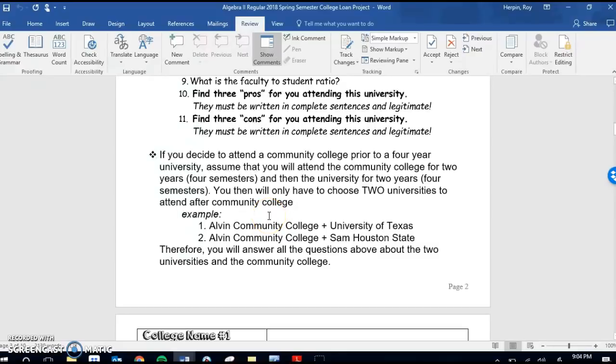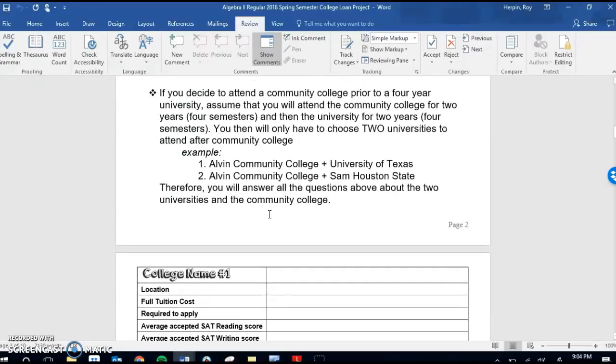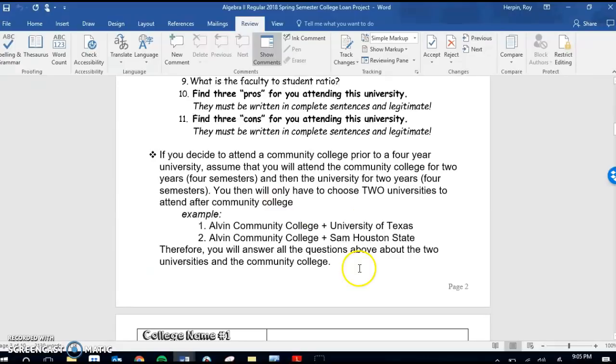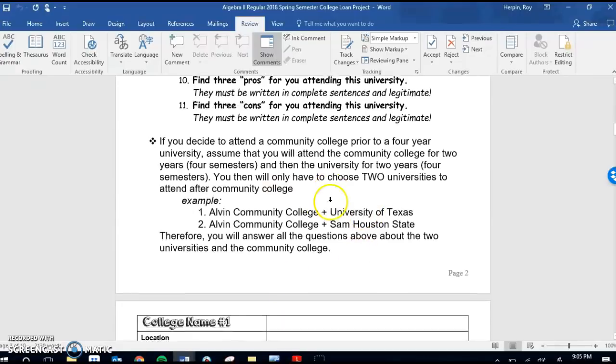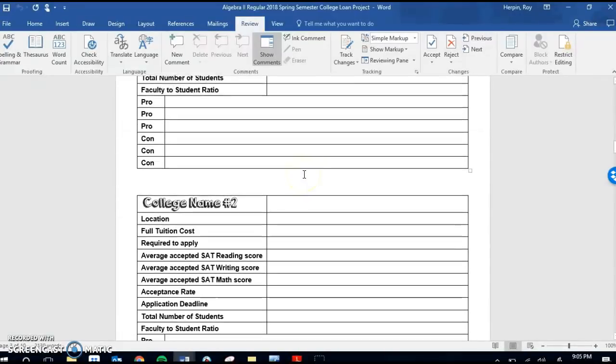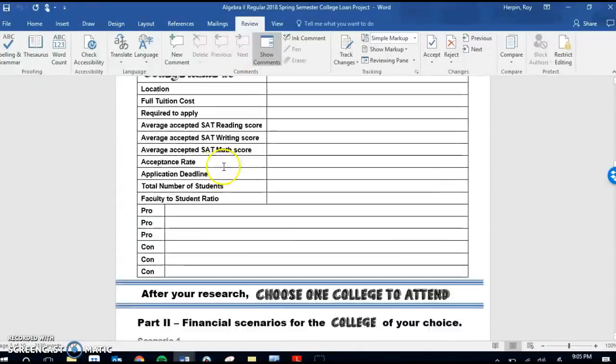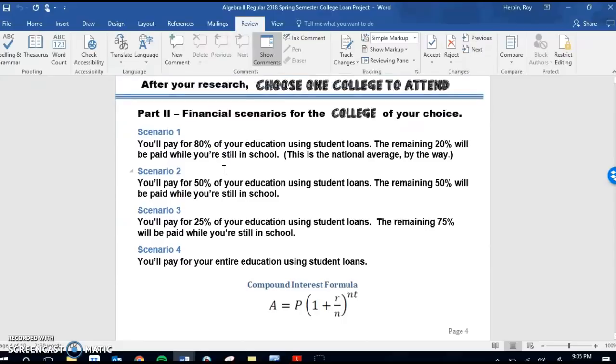That way you can do your community college information and then a university that you're going to transfer to. But in doing that, you still have to answer all those questions above, these ones right here, for the community college and both of the universities. I have this sheet for you to list all of those questions and answers. So that's all sitting there for you.